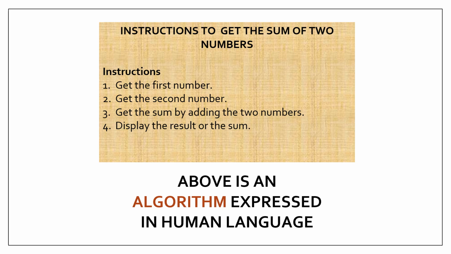This is not performed in a graphical manner because it is not a flowchart. In fact, it is never a chart. It's simply a bullet of words or sentences in English format, which is collectively, again, what we call an algorithm.